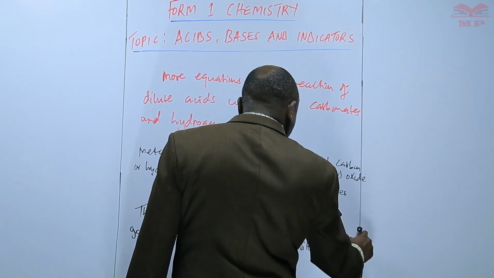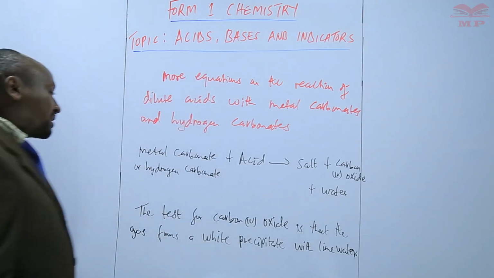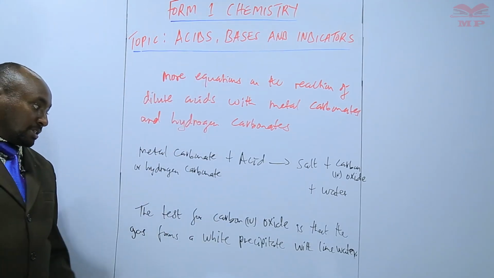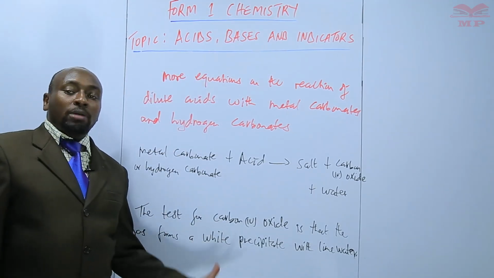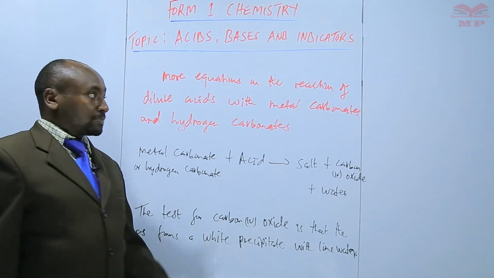Lime water is calcium hydroxide. When you bubble carbon 4 oxide there, you get a white precipitate. And then if you continue bubbling more carbon 4 oxide, the white precipitate will dissolve.